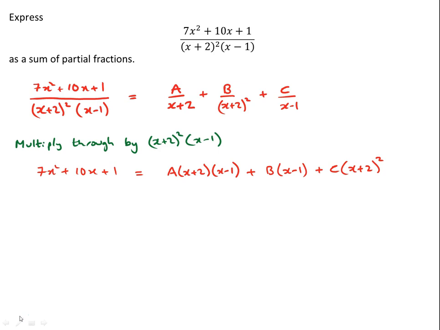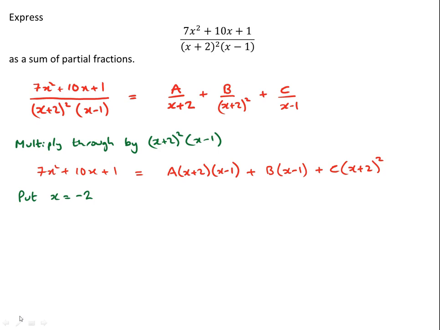Now again, I want this to be true for all values of x, so I'm going to choose some fairly careful values of x, which will make the right hand side really simple to deal with. In particular, I could start off having x equals minus 2, because that will make the first term on the right hand side equal to 0, and it will also make the final term equal to 0.